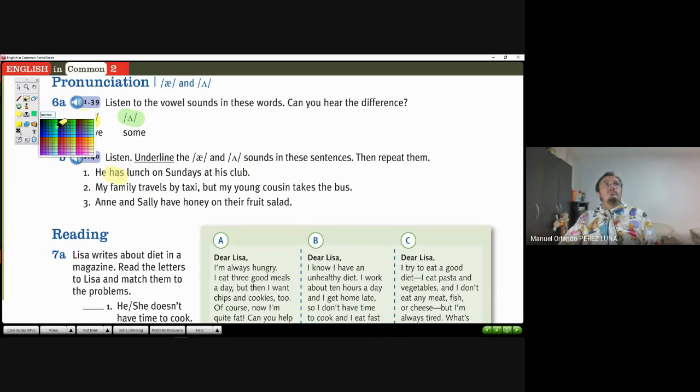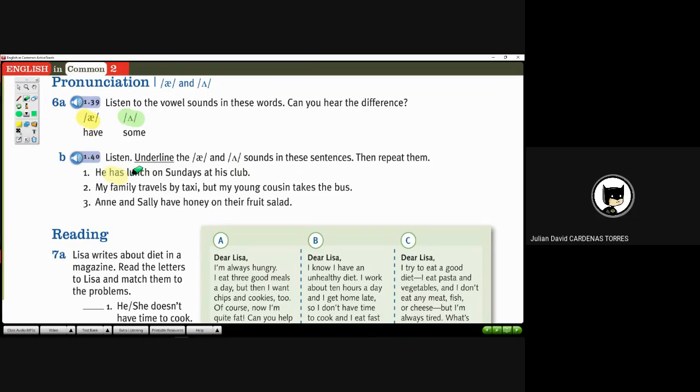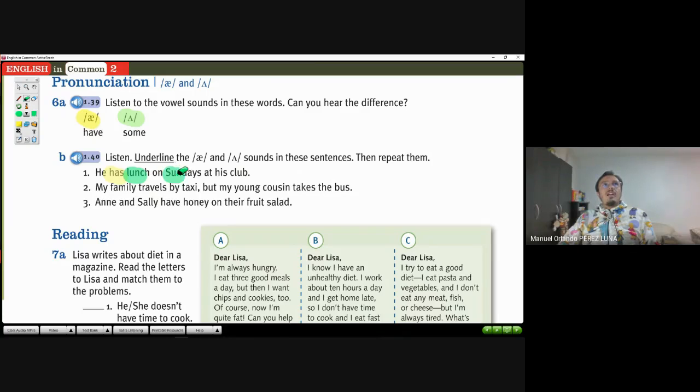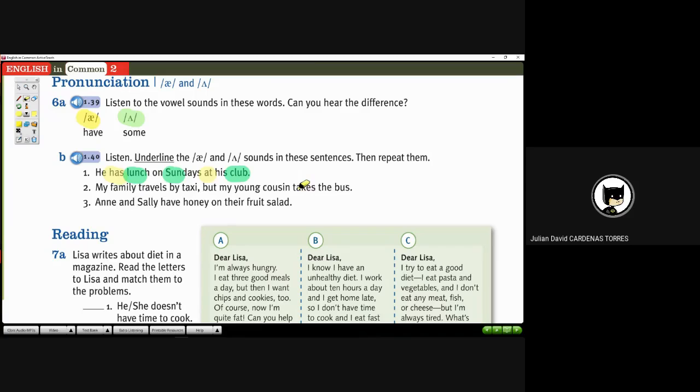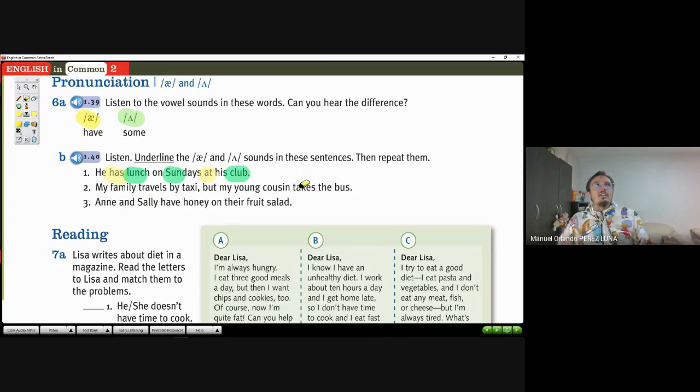No more, no? Lunch, Sundays, club. The other one which is yellow within this sentence is this one. At. Okay, so he has lunch on Sundays at his club. At his club. Okay, so that is the pronunciation.